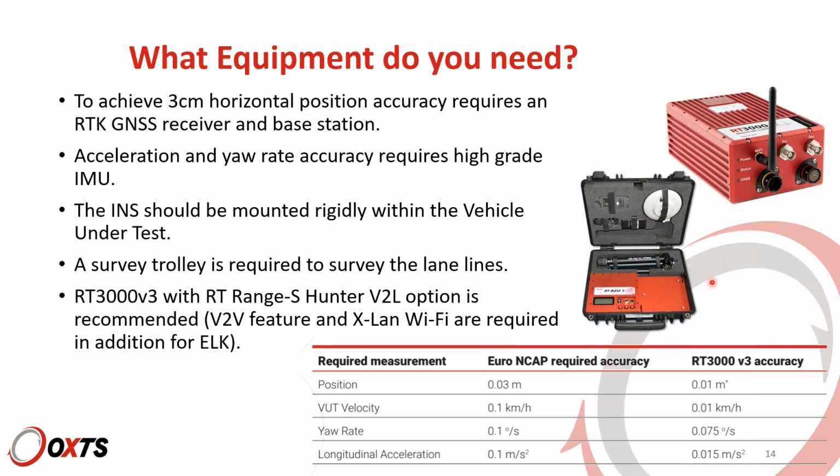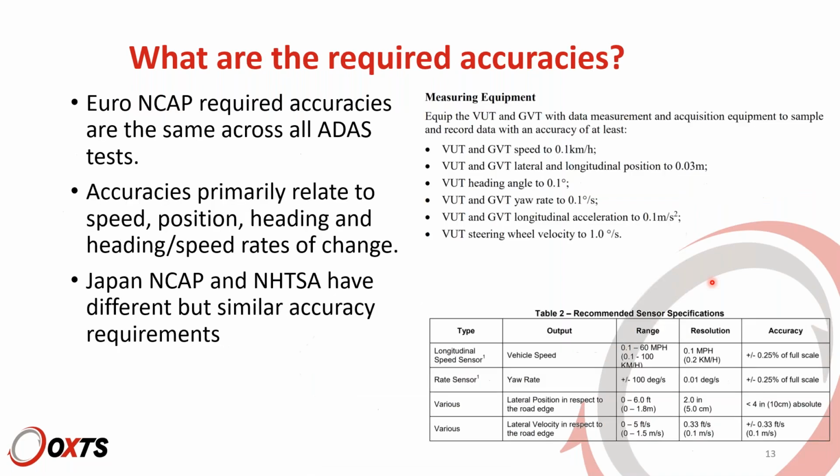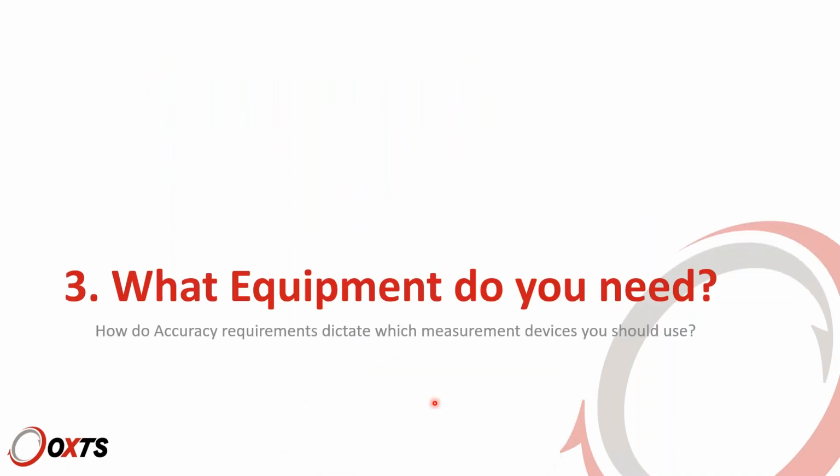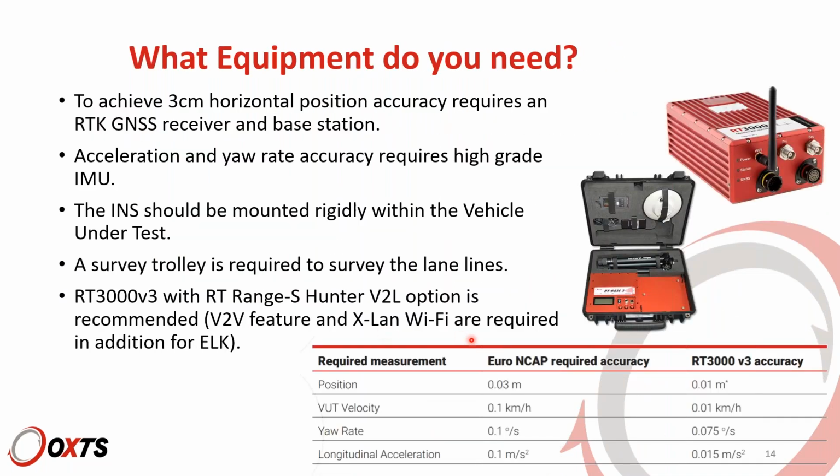The only other thing that you may need hardware-wise, if you're doing the emergency lane keeping with the robot platform target, the GVT, is this: in order to work out the range to this target, you'll need a long-range Wi-Fi system we call the XLAN.